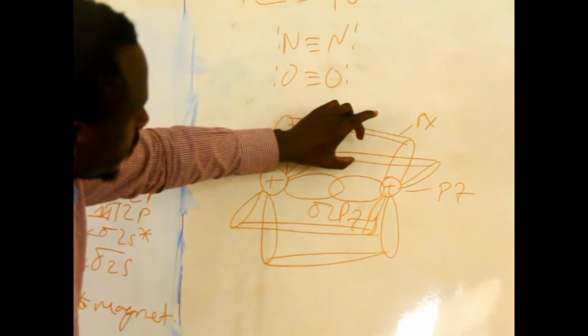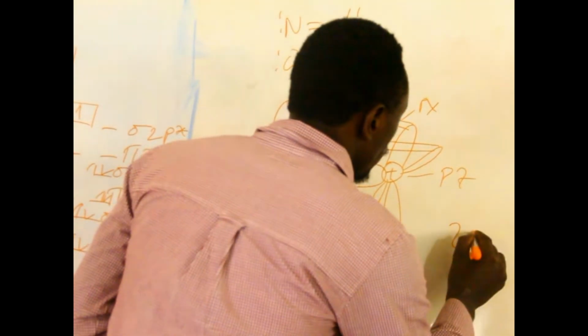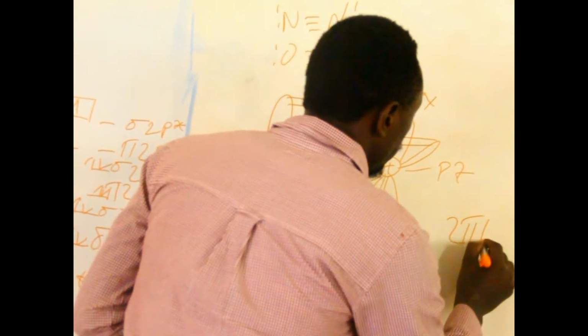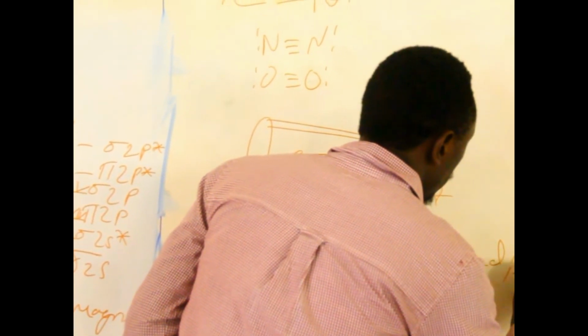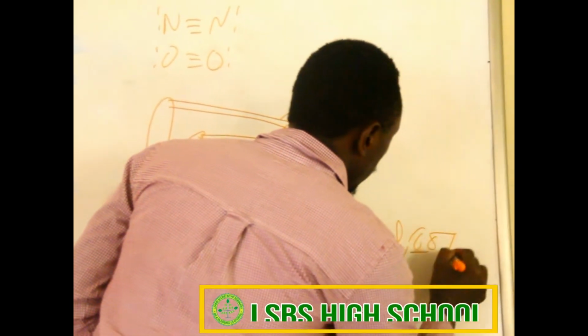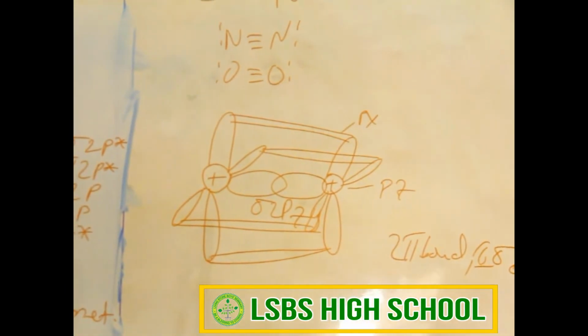First pi bond and the second pi bond. Here there are 2 pi bonds and 1 sigma bond. So that is the arrangement.